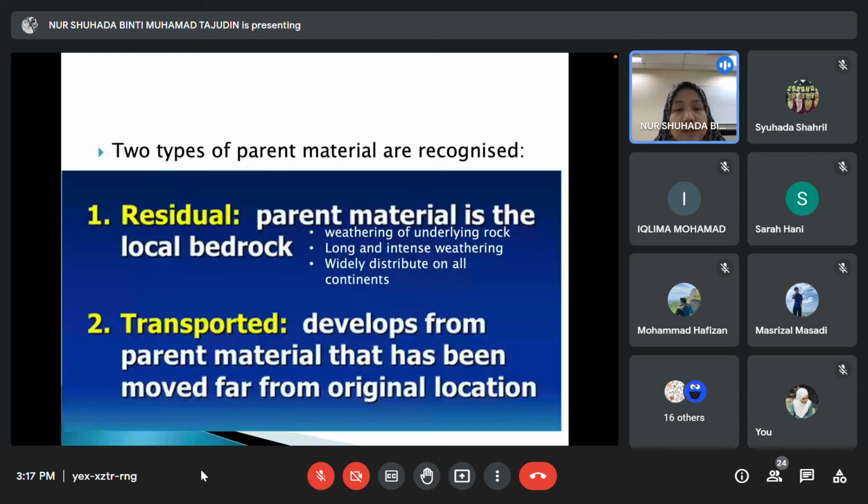The parent material is the local bedrock, meaning that it looks like a rock yang besar tu. It is still developing, undergoing the process of weathering. Long and intense weathering, widely distributed on all continents. The parent materials depend on the area.